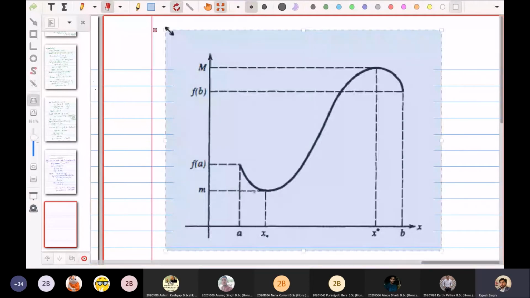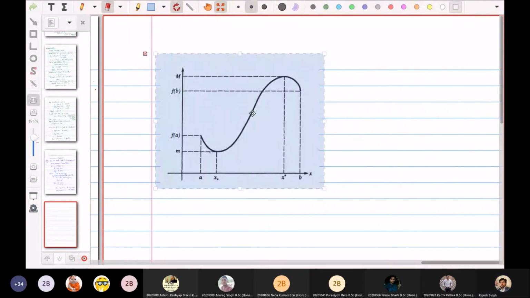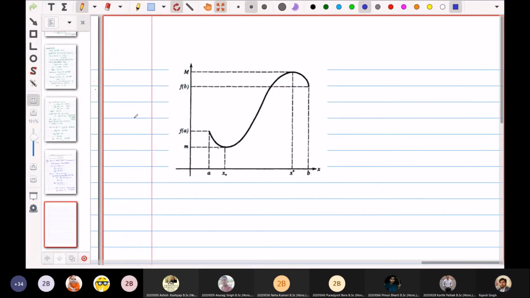Look at this. This is your infimum of f(I), and this is your supremum of f(I), and f(b) is smaller than this, and f(a) is here. So it is not true in general that everything will lie between f(a) and f(b). Sometimes it may lie somewhere else also. Is it fine?